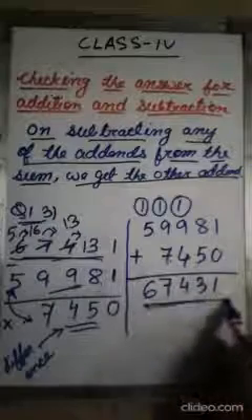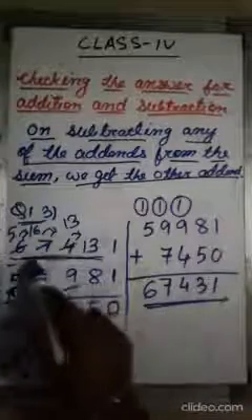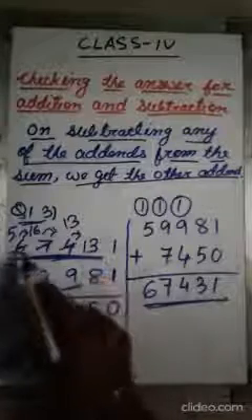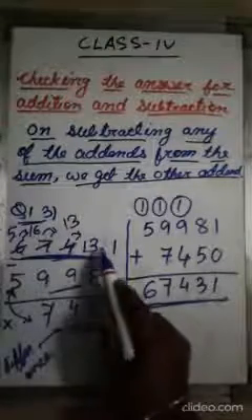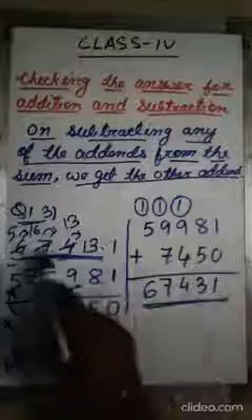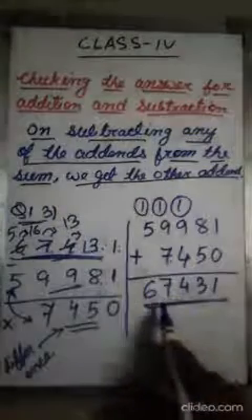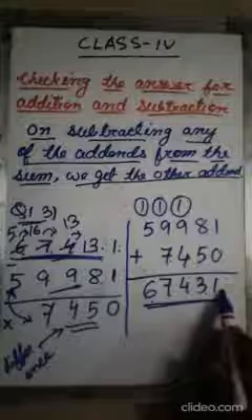So we have got the number 67,431, sorry, 67,431, here also 67,431.